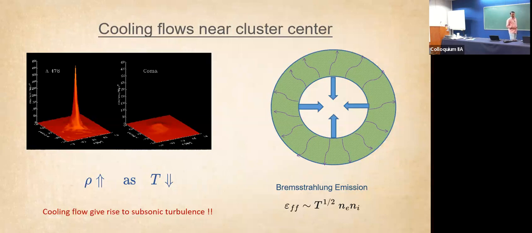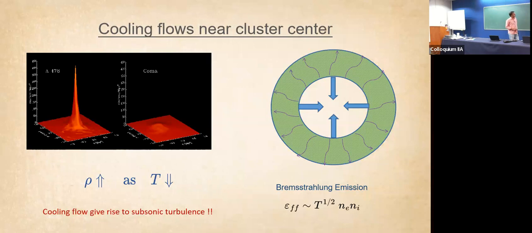The gas starts cooling, its temperature decreases, and the pressure decreases. The inside gas has to support the annulus of gas that is outside. Pressure will support it. For that to happen, the gas starts moving inside, and the rho starts increasing.